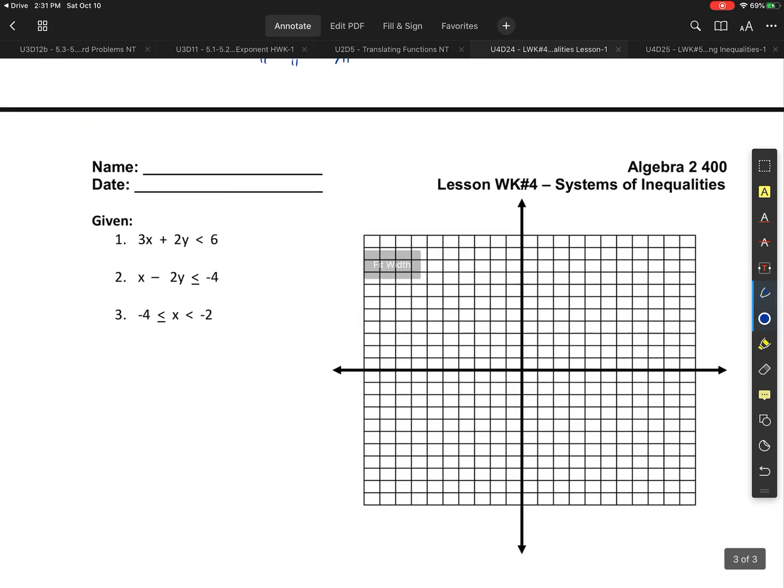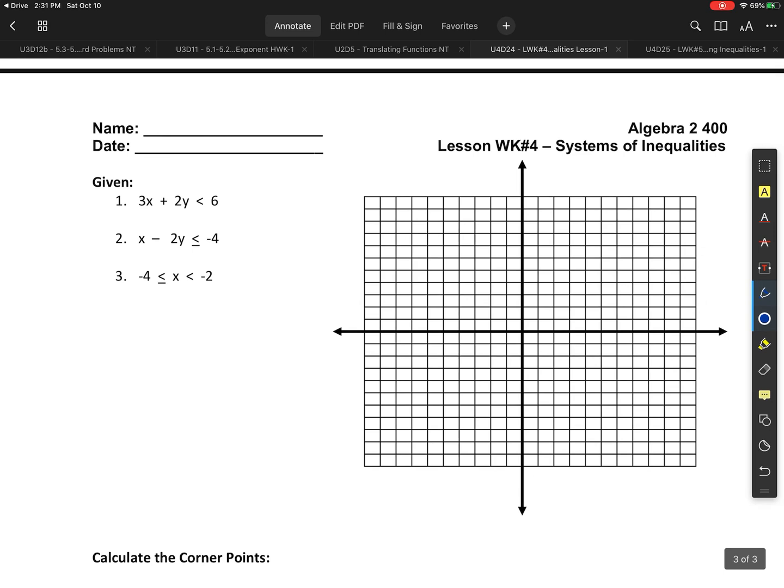All right. Next problem. Again, so similar idea. The graph, the shade, that's the answer to the system of inequalities. The corner points don't really have much meaning right now, but later on they're going to have some more meaning. All right, so equation 1, 2y is less than negative 3x plus 6. y is less than negative 3 over 2 x plus 3.